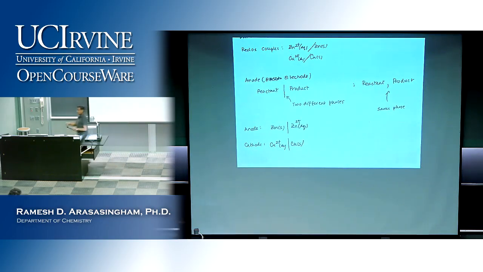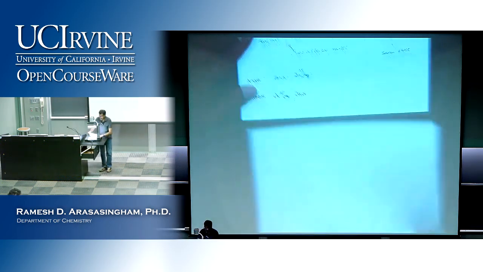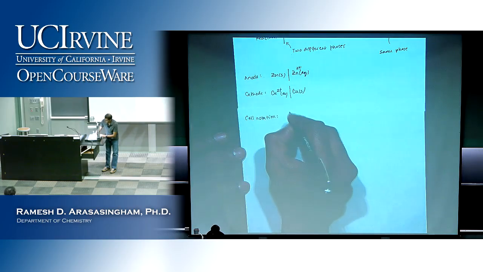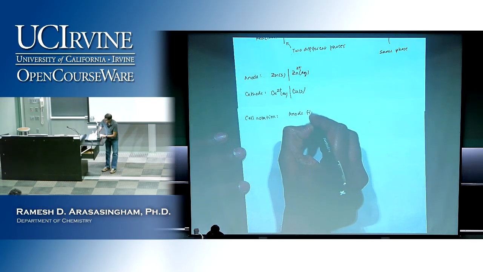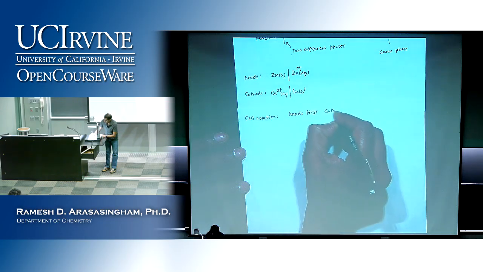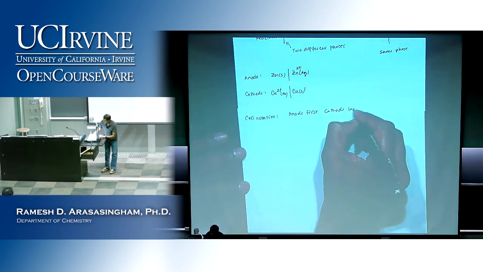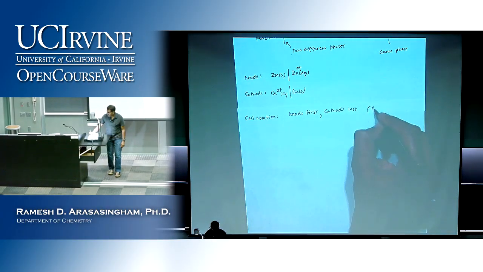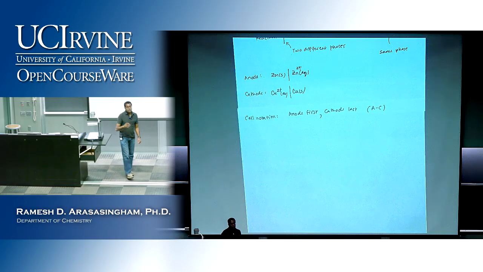Now we describe the cell. So the cell notation is always anode first, cathode last. So just remember it as AC. It's in alphabetical order.